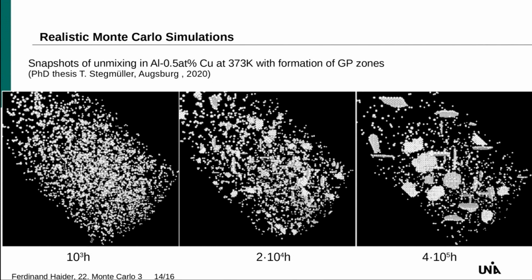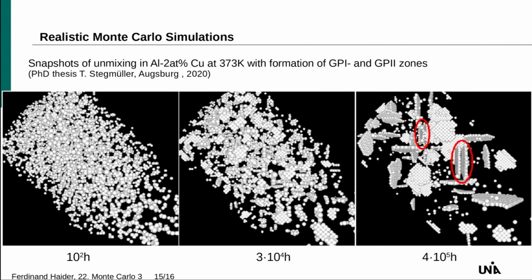You see that it takes a bit longer to reach this precipitation state here. And I think it's also for 2%. And as I already showed, at 2% you see the formation of these GP2 precipitates here, these double layers of copper atoms here.